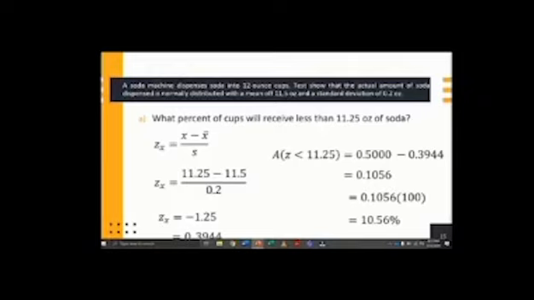So okay, nakikita natin sa question, may less than, kukunin natin yung 11.25, tapos minus natin sa 11.5 at divide natin sa 0.2, ang lalabas na sagot ay minus 1.25.